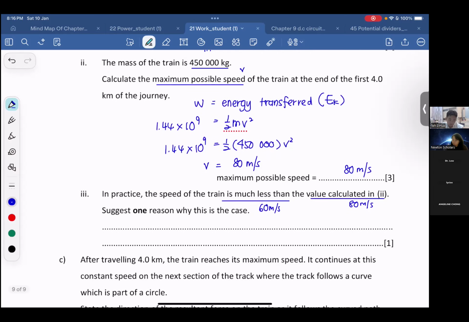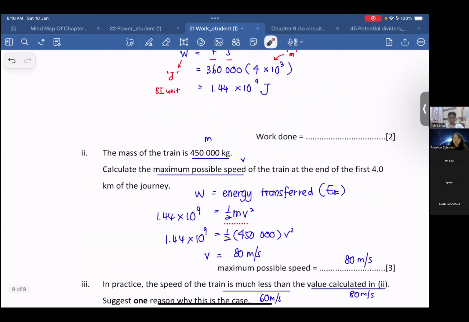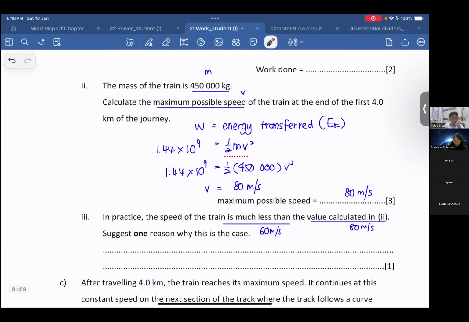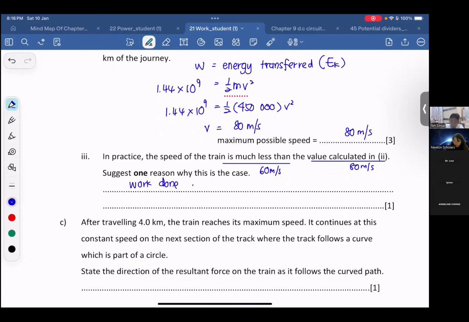Yes. So that means the total energy that we have here, this is the energy, but actually some of this energy we use to work against friction. So here we can write: some of the work done against friction. So energy is converted to thermal energy, or we say energy lost to the surrounding due to friction.